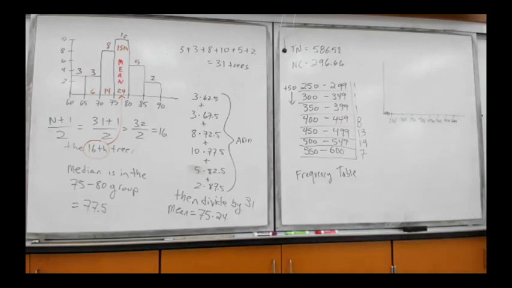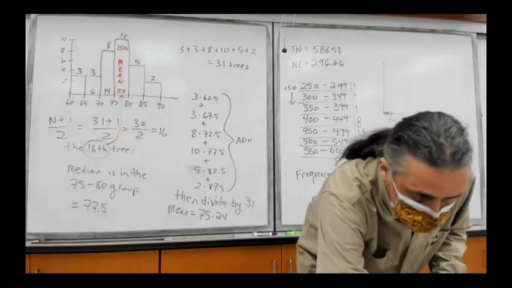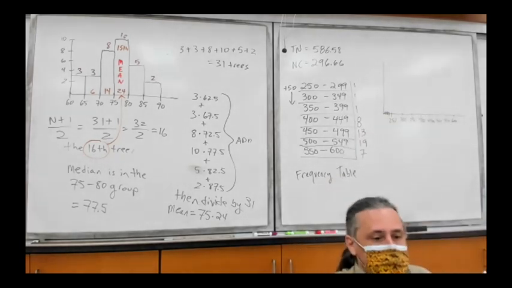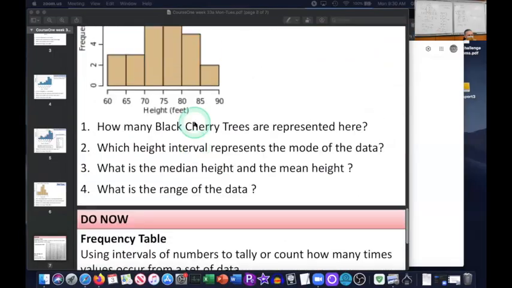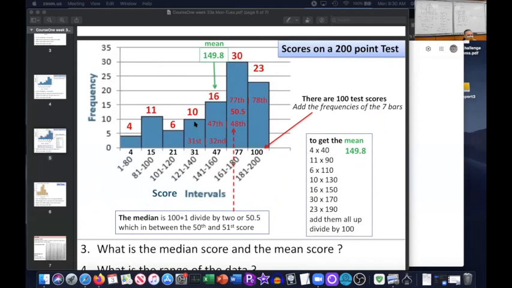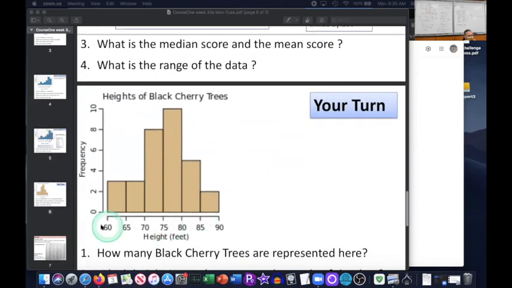Okay? Now, if you wanted to put the intervals underneath each little bar, like was done for the score intervals, that's okay. Or you could write the intervals like was done for the heights of the black trees.